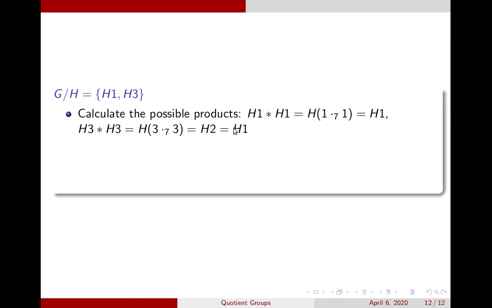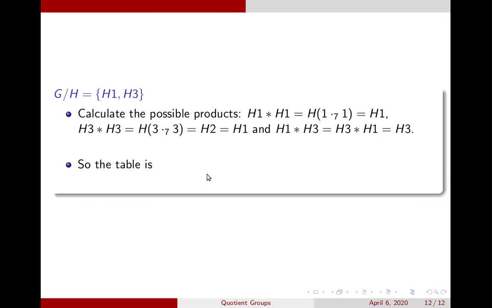I want to write it this way because I'm using that representation in my description of the group. Okay, and H1 star H3 is the same as H3 star H1, which is the right coset determined by 3.